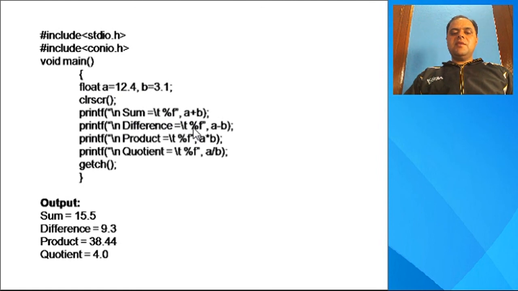So a plus b, difference again %f, product again %f, a into b, and quotient a by b. We don't use modulus here. So sum is 15.5, difference is 9.3, product is 38.44 and quotient is 4.0. So this is the operation on floating point variables.